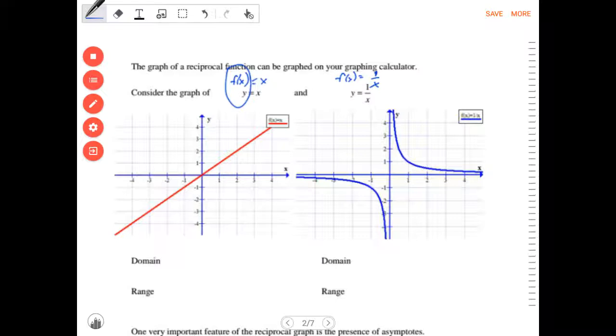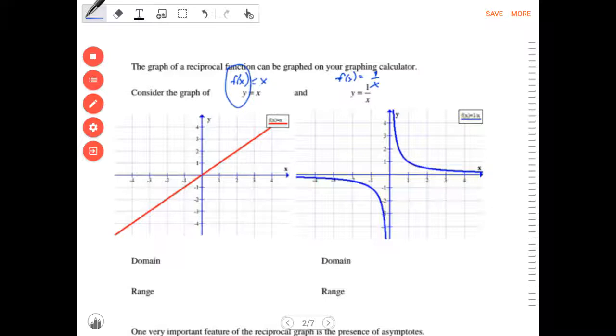So if y equals f of x, and 1 over x is f of x, the idea here is the y values. So if this is y equals 1 over x, the y values are going to be reciprocaled, if you will.